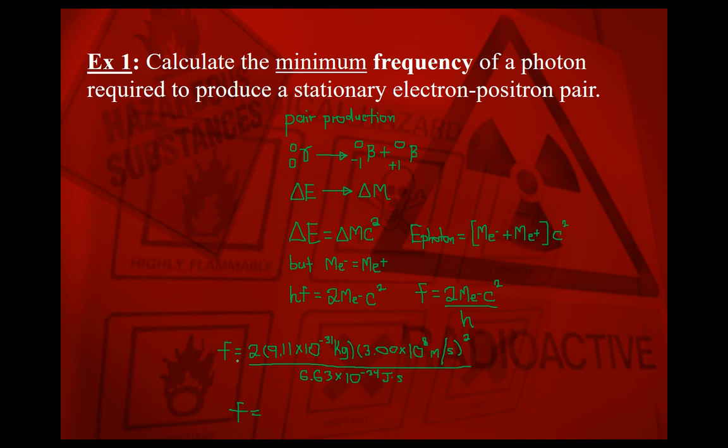And we're going to go to 3 significant digits because the speed of light is 3 SDs, Planck's constant 3 SDs, mass of an electron 3 SDs, and I get 2.47 times 10 to the power of 20, and the units are hertz.